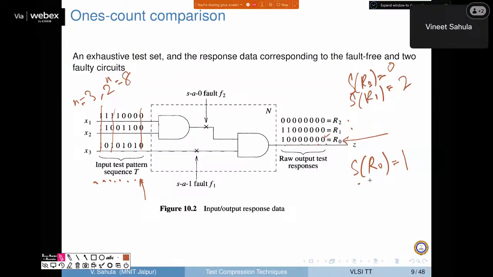So looking at this, these are two of my computations on the fly for a faulty circuit. And the golden circuit has this sequence, so the number of ones present is 1. I can differentiate if the number of ones changes, the golden signature from the faulty circuit signature, right?